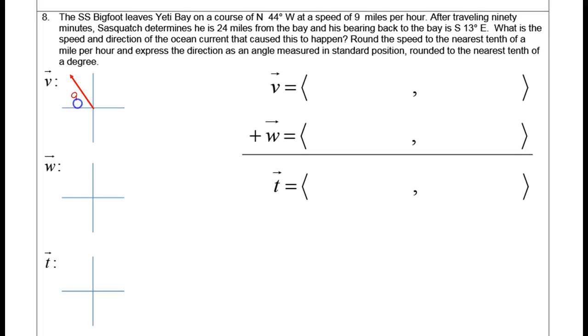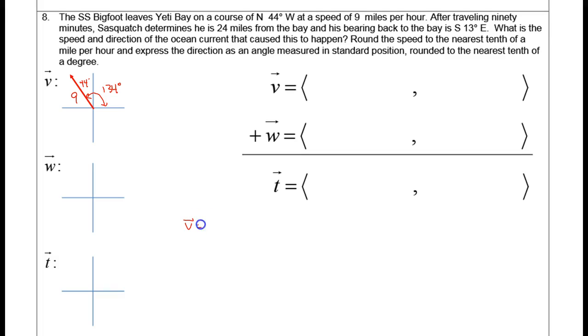So the magnitude of that vector is 9. The angle between north and the vector is 44 degrees. But this angle right here is going to be 90 plus 44, or 134 degrees. And that's the angle we need to actually determine the component form of vector v.